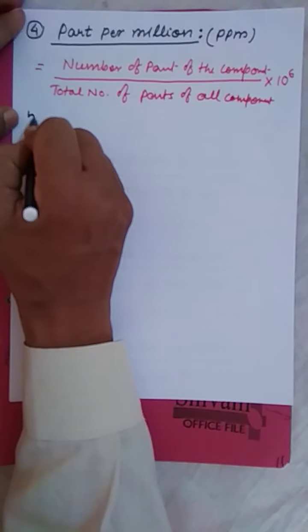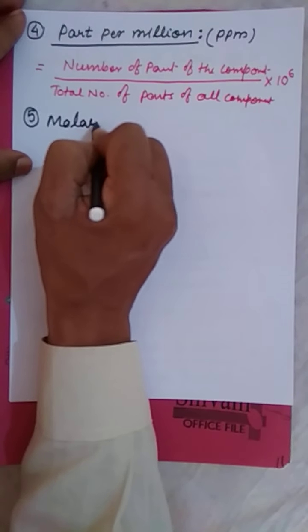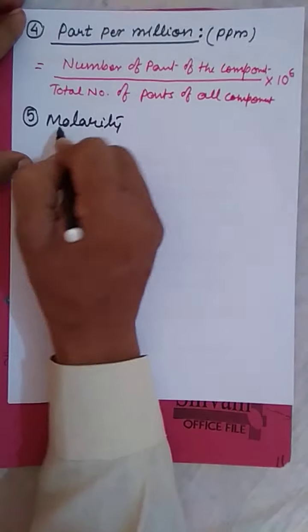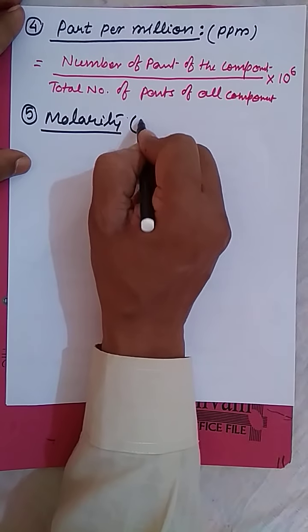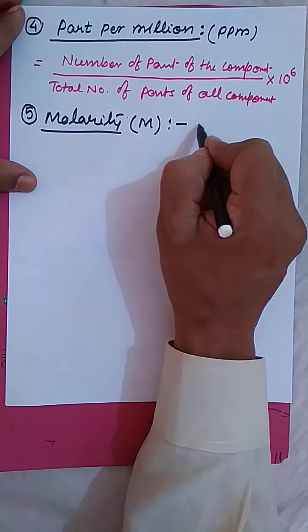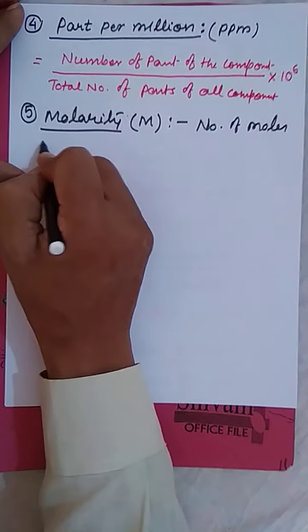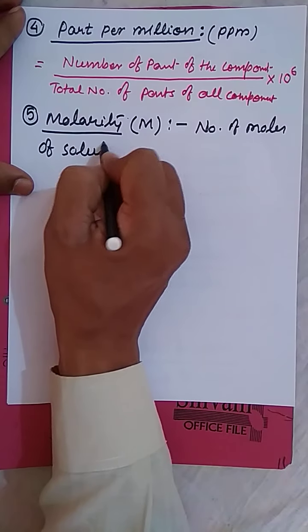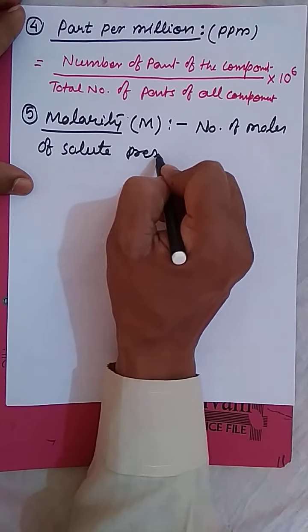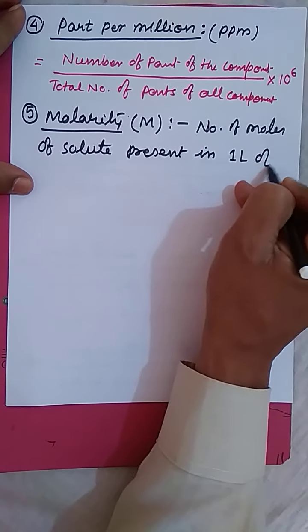And the next one is molarity. You have seen in class 11, it is denoted by M, and it is number of moles of solute present in 1 liter of solution.